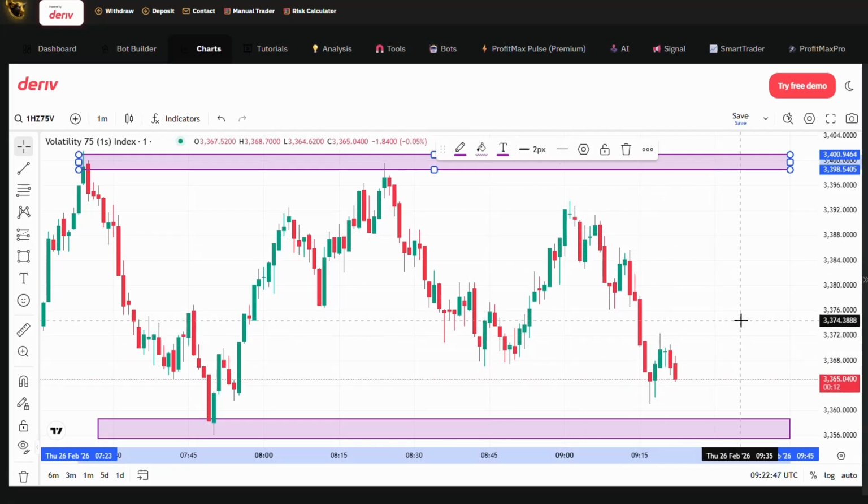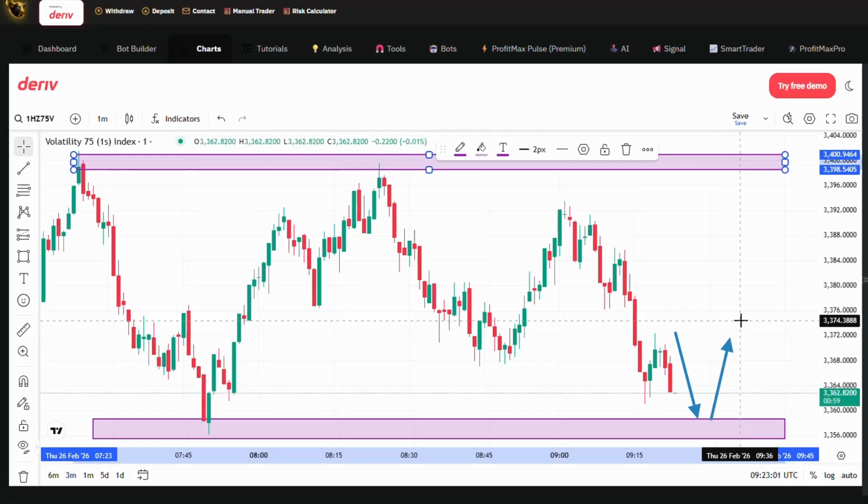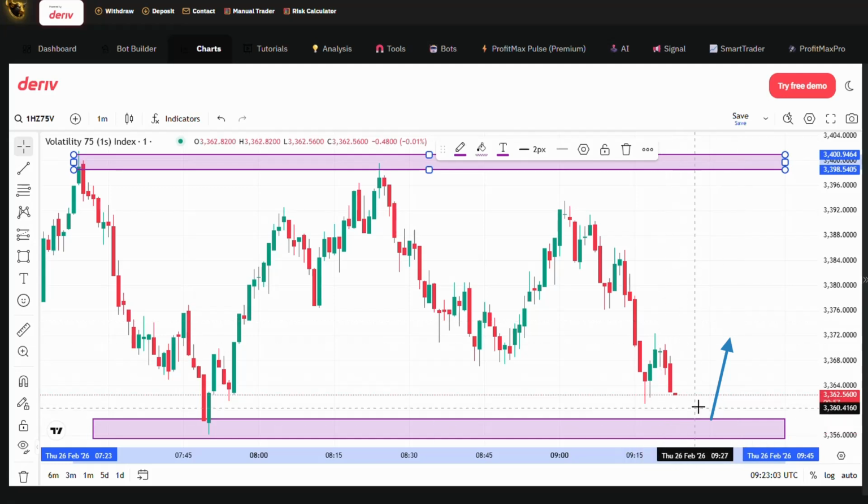And you can see how the market moves, okay? Rise and fall. You can see the market moving up and down. But now here we are expecting it to come to that zone and then bounce back. That is the key idea.